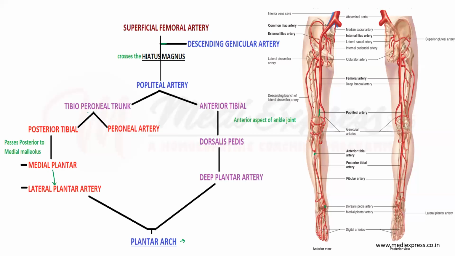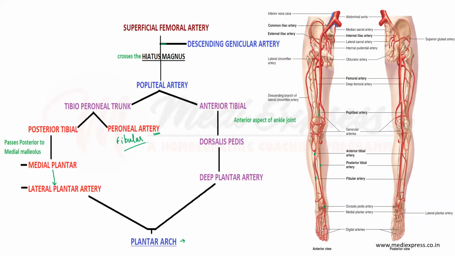Now, next one is a tibioperoneal trunk. Now, it again divides into a posterior tibial artery and a peroneal artery. Peroneal artery, other name is a fibular artery. So, tibioperoneal trunk gives rise to posterior tibial artery and fibular artery. Now, posterior tibial artery passes posterior to the medial malleolus. You can see over here.